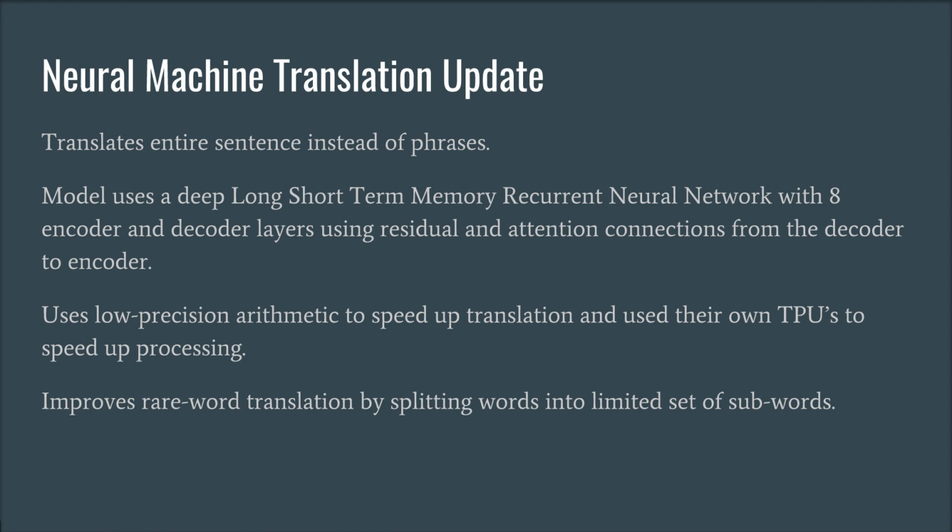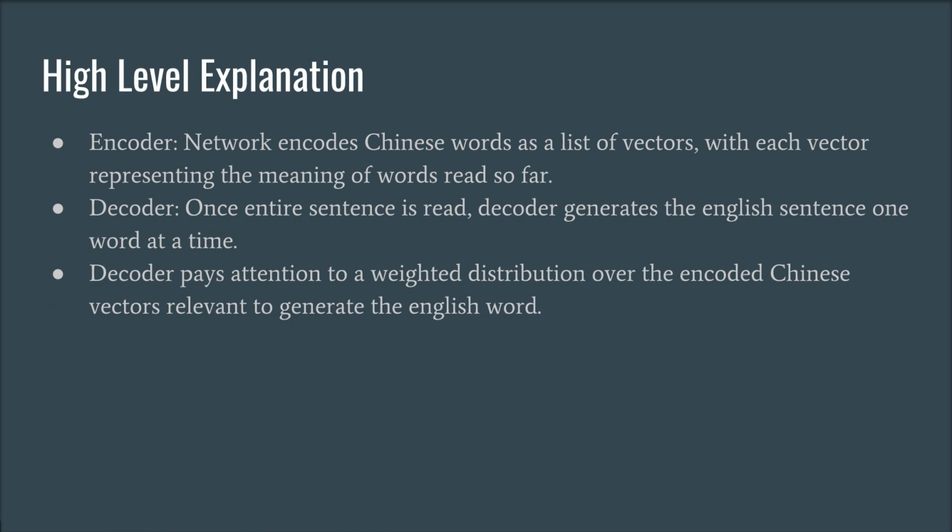And just using the recurrent neural net alone wouldn't have sped up their translation. They had to use the TPUs to allow low precision arithmetic to speed up the translation, and also they improved rare word translation by splitting the words into a set of subwords.